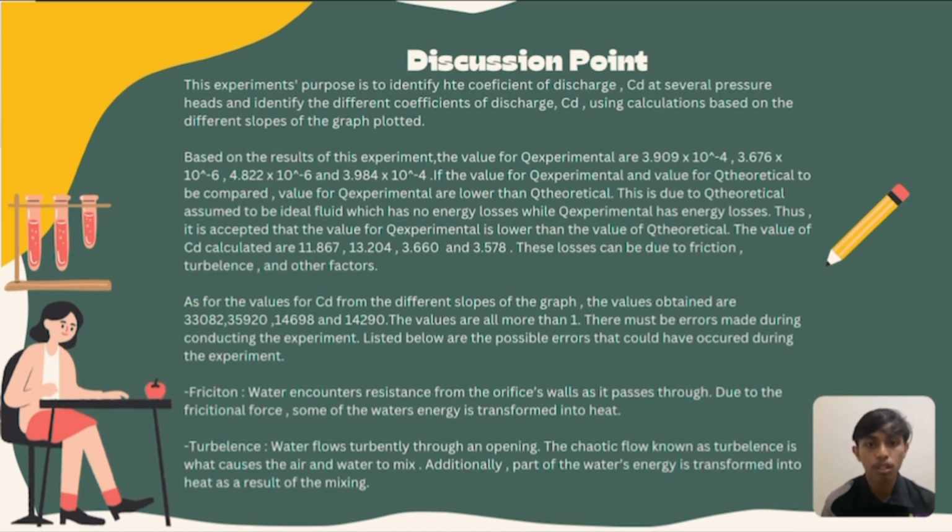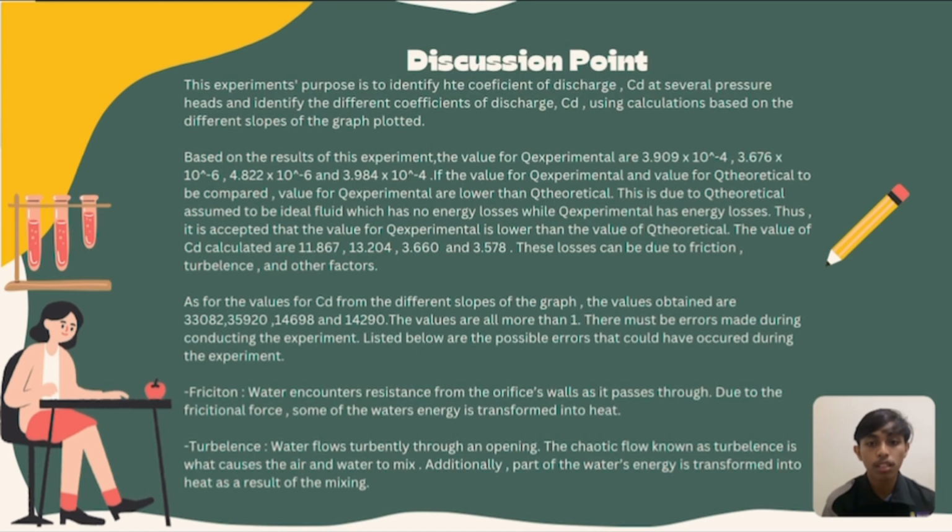If the values for Q experimental and Q theoretical are compared, Q experimental is lower than Q theoretical. This is because Q theoretical assumes an ideal fluid which has no energy losses, while Q experimental has energy losses. Thus, it is accepted that the value of Q experimental is lower than the value of Q theoretical.